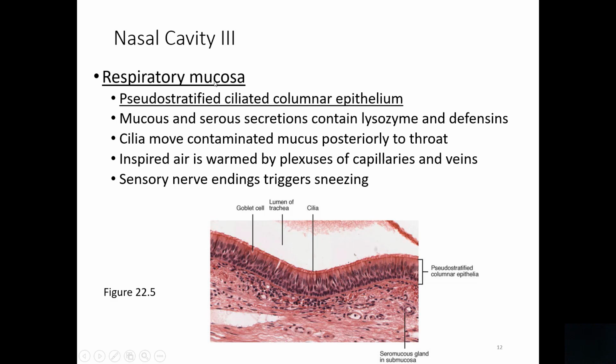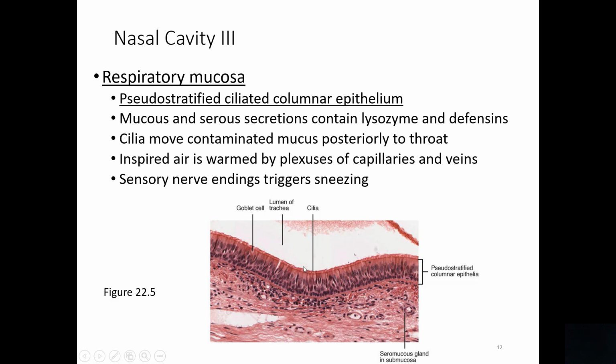Respiratory epithelium or respiratory mucosa covers the nasal cavity. That would be pseudostratified ciliated columnar epithelium. It means there is one layer of cells, all grounded to the basal membrane, but their nuclei are located at different levels, so it looks like there are many layers.